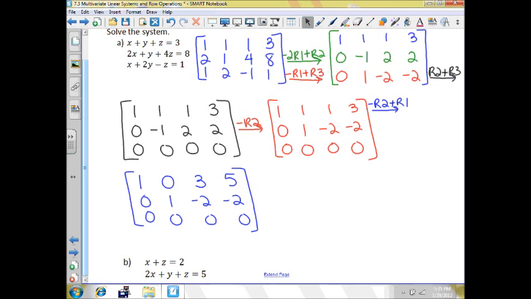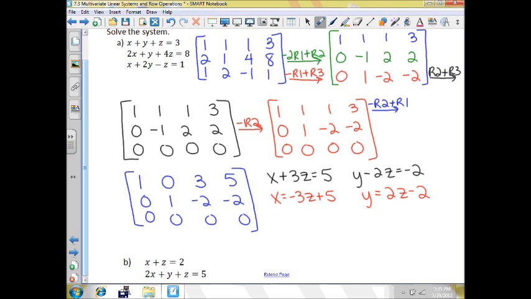So now this is in reduced row echelon form. This tells us then that x plus 3z will equal 5, and y minus 2z will equal -2. Now to solve these, x will equal -3z plus 5, and y will equal 2z minus 2.